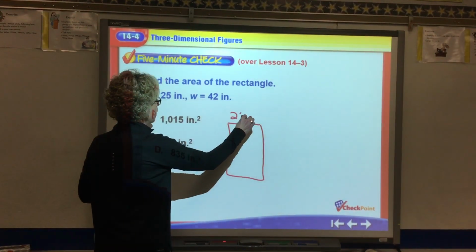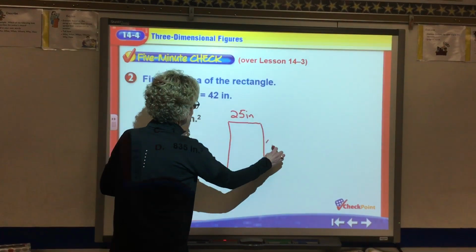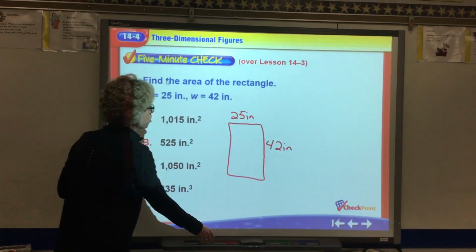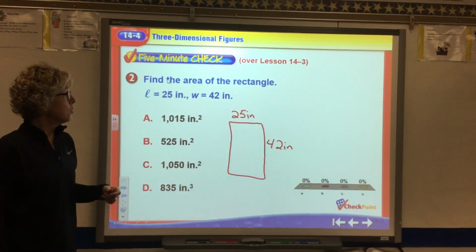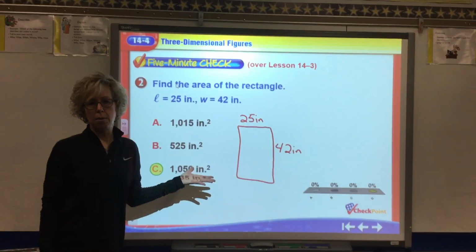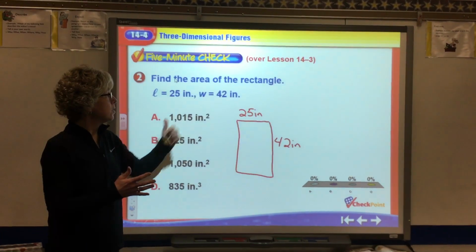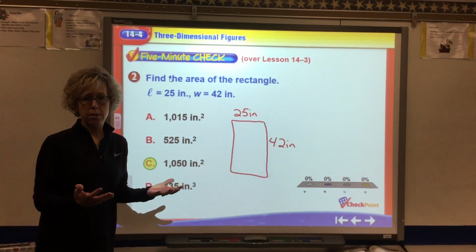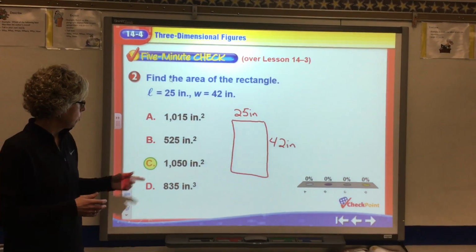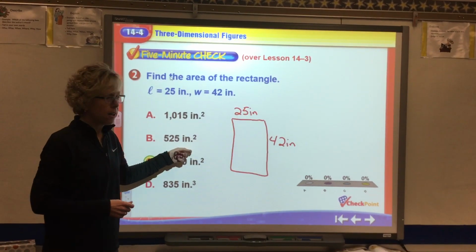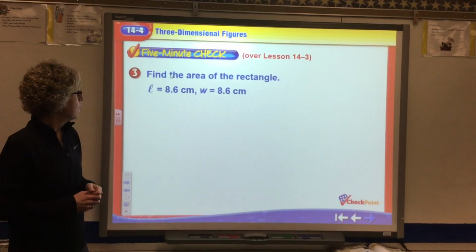This is going to be 25 inches, and this is going to be 42 inches. And then you multiply those two together, and you can use a calculator. For something like this, I would definitely recommend using a calculator. If you want to do double-digit multiplication and then check your answer with a calculator, that's a good idea too. So you'd have 1,050 inches, and again, it's area, so it's units squared.